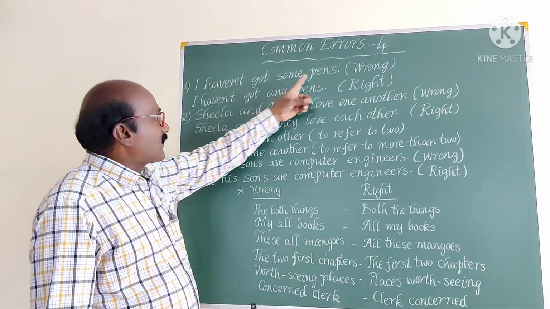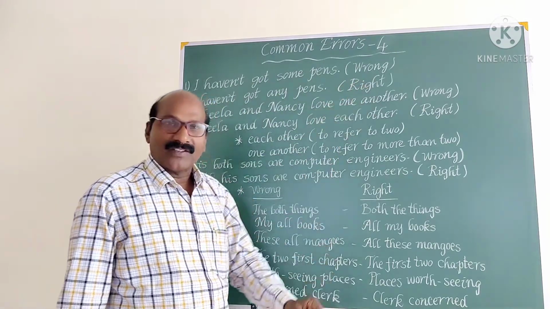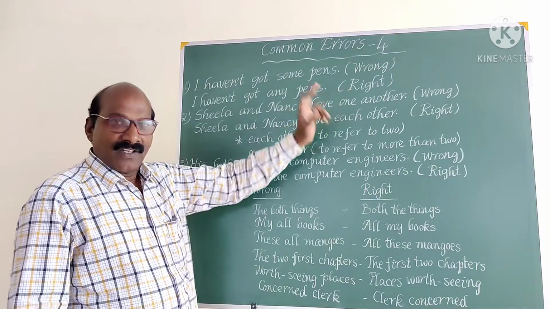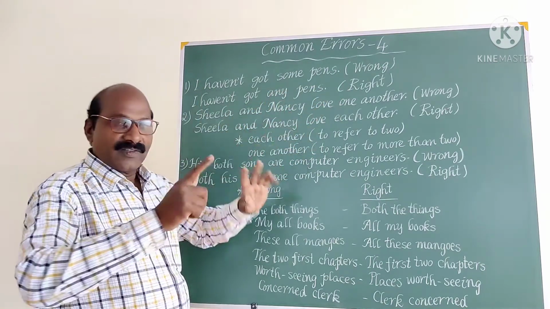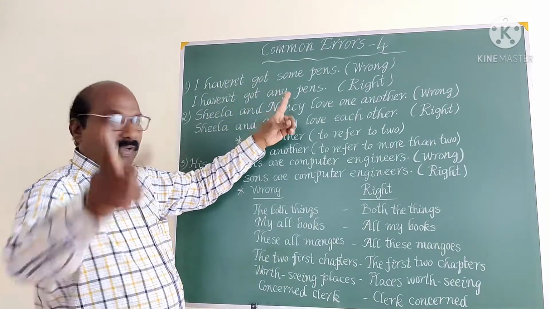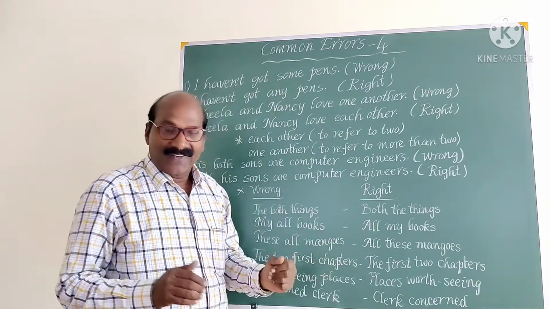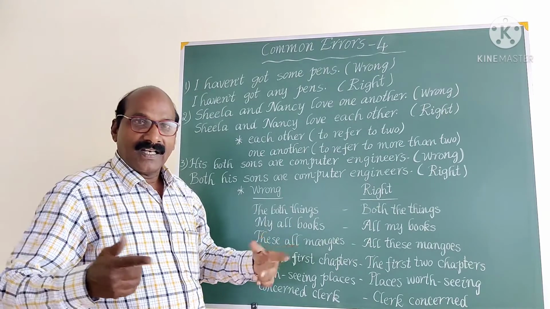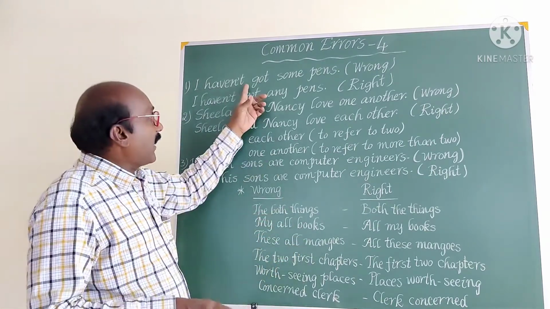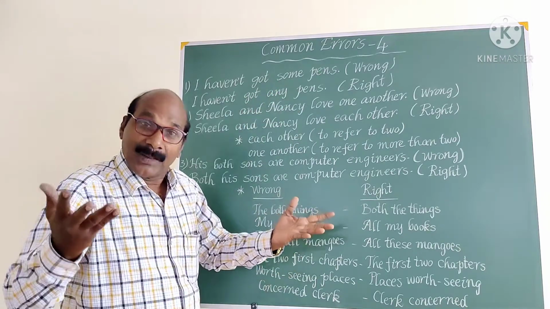I haven't got some pens. It's a wrong expression. Generally, the very sentence expresses a negative idea. If it is a positive idea, we can say, I have some pens. But when it is a negative idea, we have to say, I haven't got any pens.